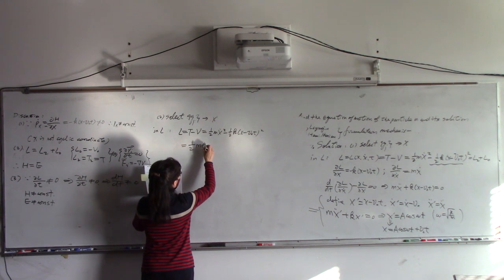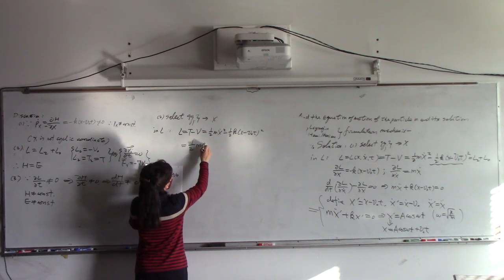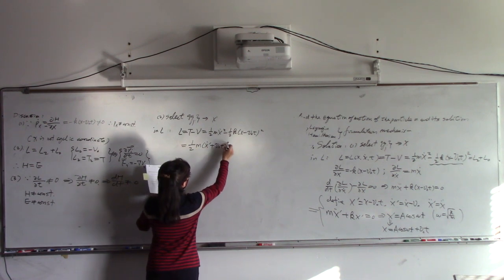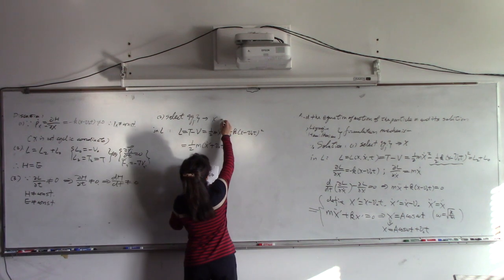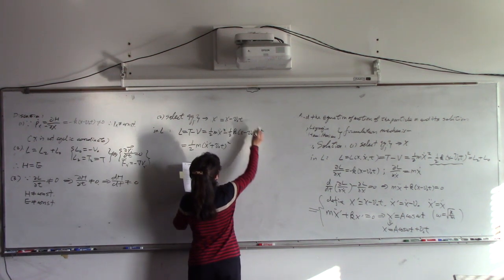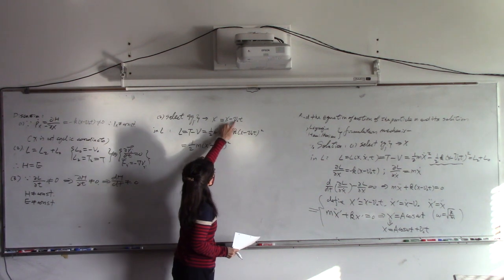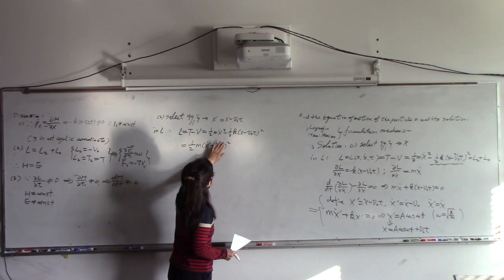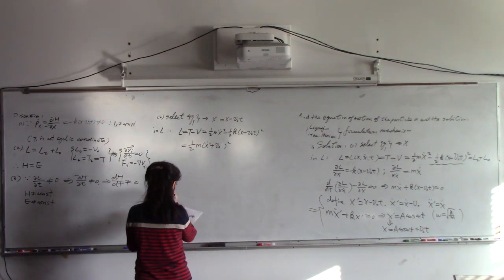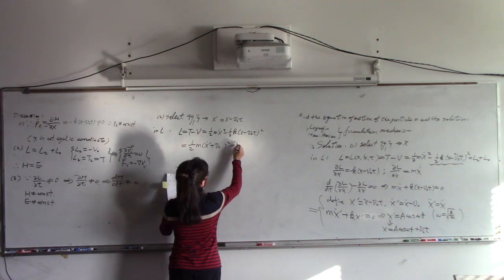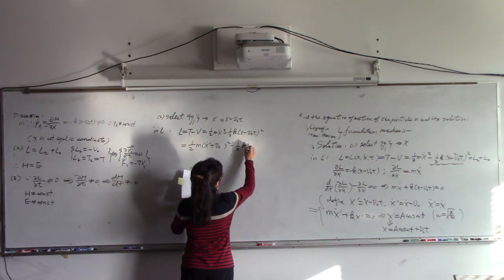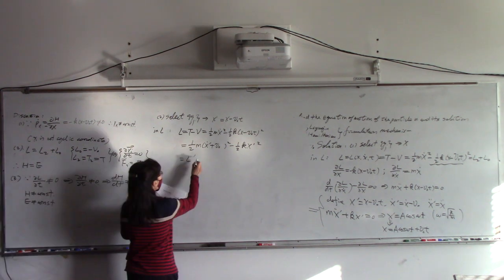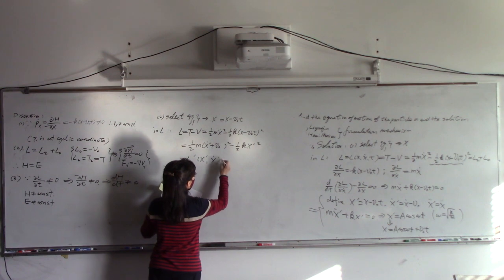Remember, since we have x prime equal to x minus v naught t, then x is equal to x prime plus v naught t, and x dot is x prime dot plus v naught. So we replace, and here minus half k x prime squared. This is our L prime, right? So L prime is a function of x prime, x prime dot, and t.